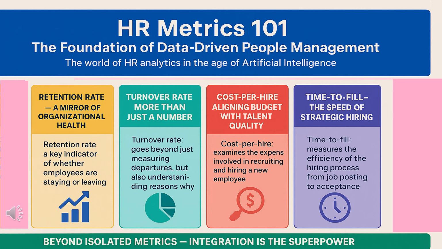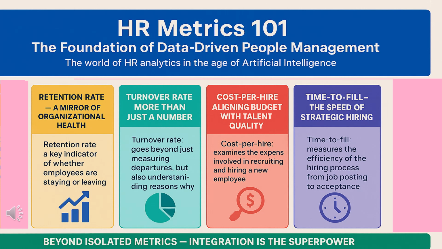High turnover plus low engagement equals a leadership gap or misaligned culture. Declining retention plus rising absenteeism equals burnout or role mismatch. Now, imagine your dashboard predicting which team is at risk of burnout next quarter or which location is likely to face a talent crunch in 6 months. This isn't fiction. It's HR 2.0.